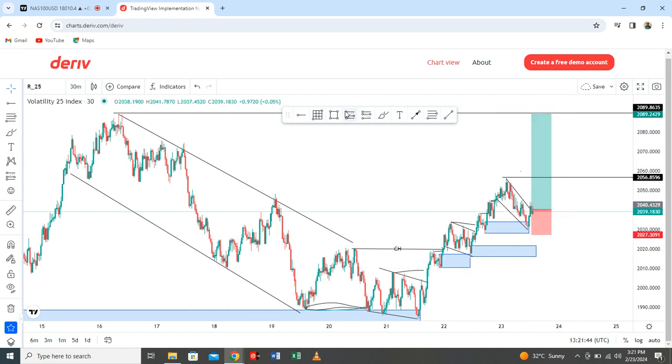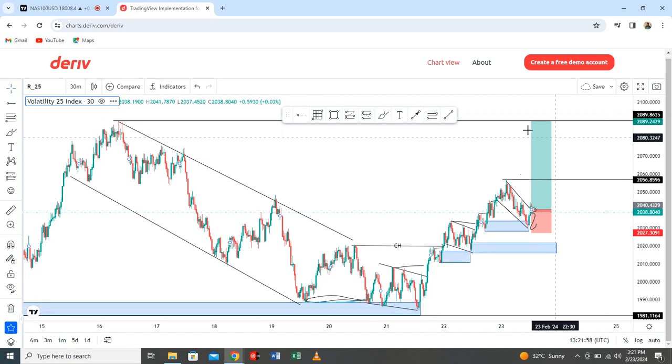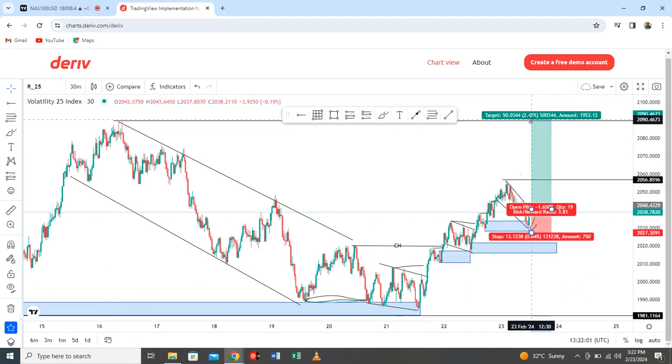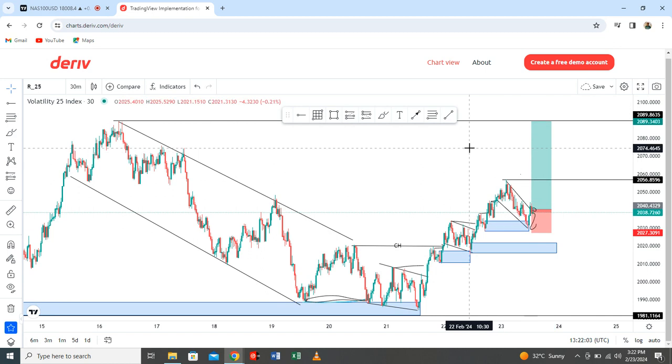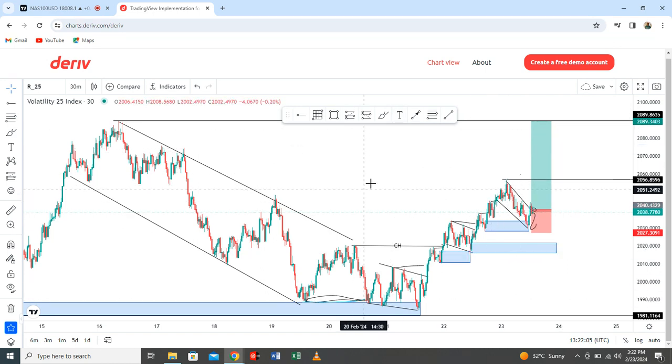In case one happens to take a position here and get stopped out, there's still another order block here, guys. Don't forget, we still have another unmitigated order block. You take a loss here, you wait for this one here, guys. But then, since trading is a game of probabilities, I think that this current order block is the one that would play out, guys.